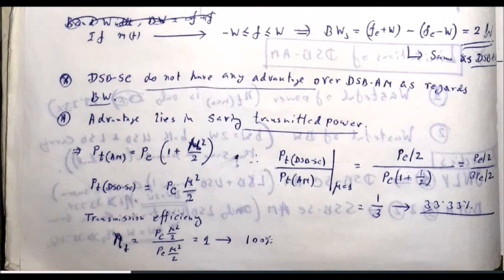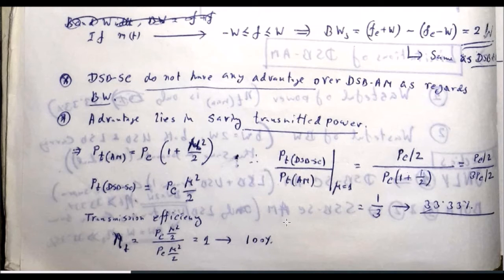So that means in case of the ordinary AM, transmission efficiency can reach up to only 33.33%, and most of the power, 66.67%, was used for transmitting the unmodulated carrier, which was wasteful.